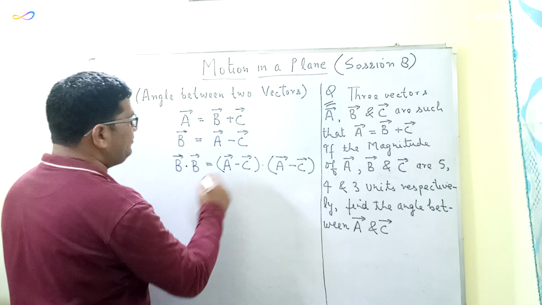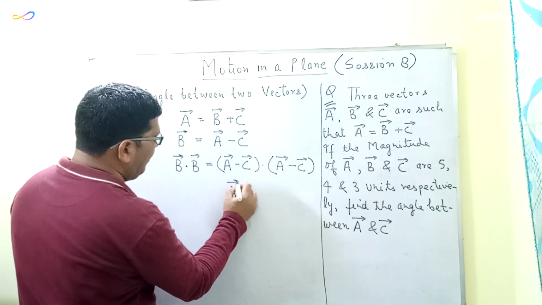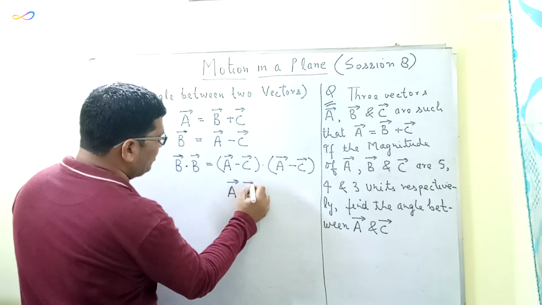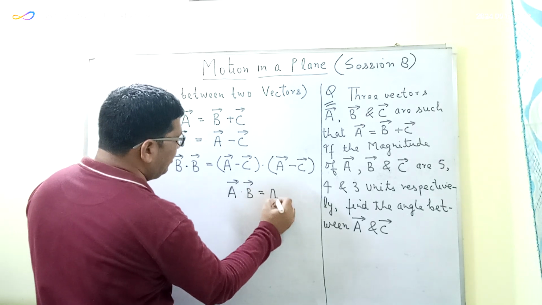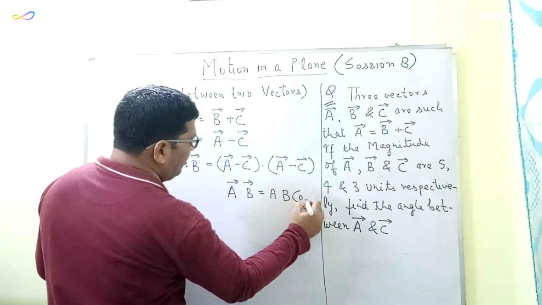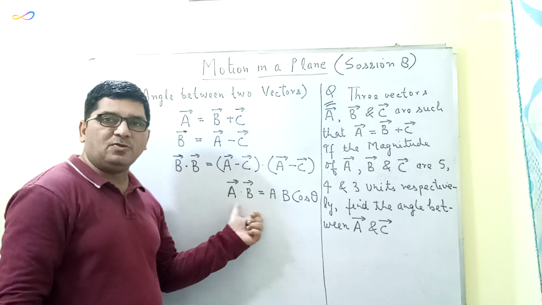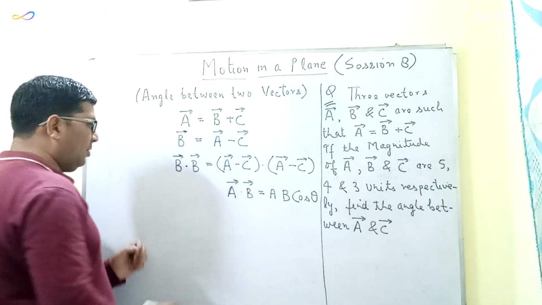Now we know that if there are two vectors, say A and B, their dot product is given by the magnitude of vector A times the magnitude of vector B multiplied by cos theta, where theta is the angle between these two vectors.